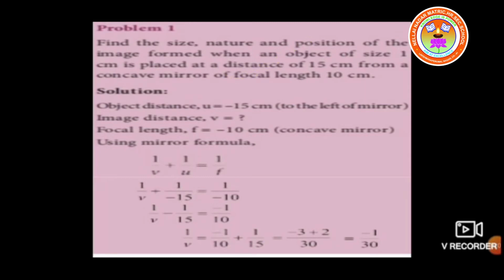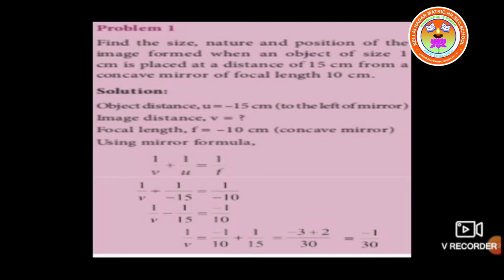Find the size, nature and position of the image formed when an object of size 1 centimeter is placed at a distance of 15 centimeter from a concave mirror of focal length 10 centimeter. Okay students, first we are going to take the given data.